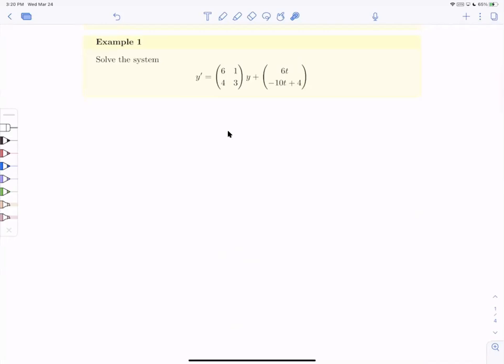Okay, I'll start with this. So this is your A, and this is your g of t. Okay, so you can write your g of t as (6, negative 10) t plus (0, 4).